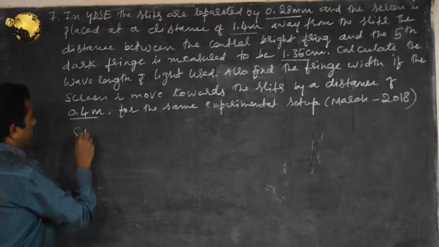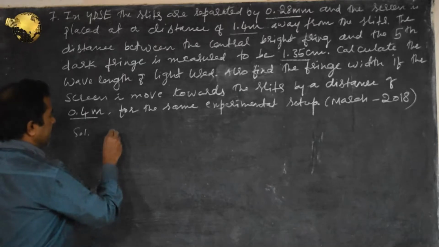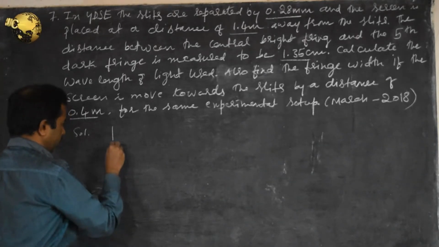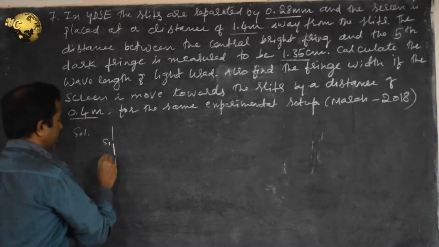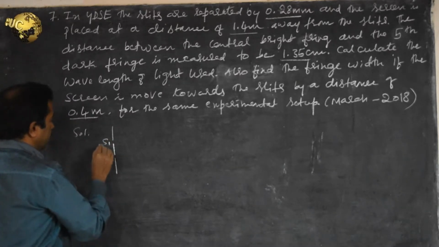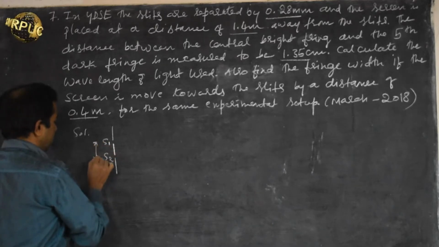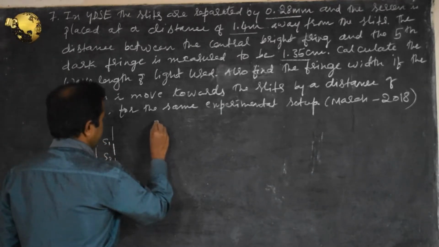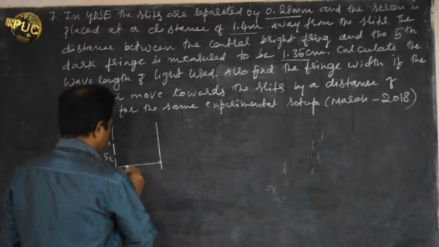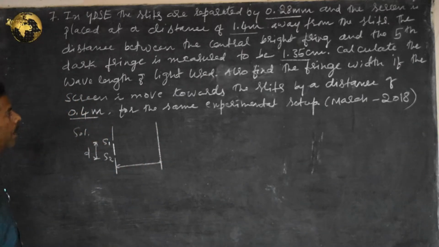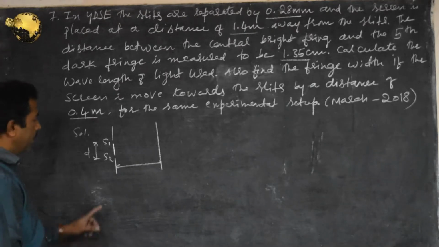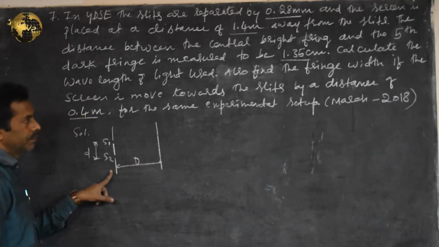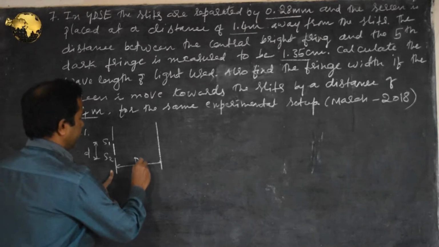So let us go to the solution. In the first case, this is the slit S1 and S2. The distance between them is d. The screen is placed at a distance of 1.4 meter away from the slits, so this is D1.